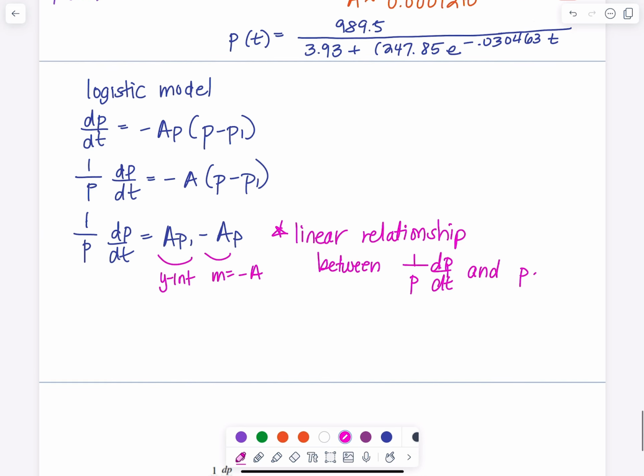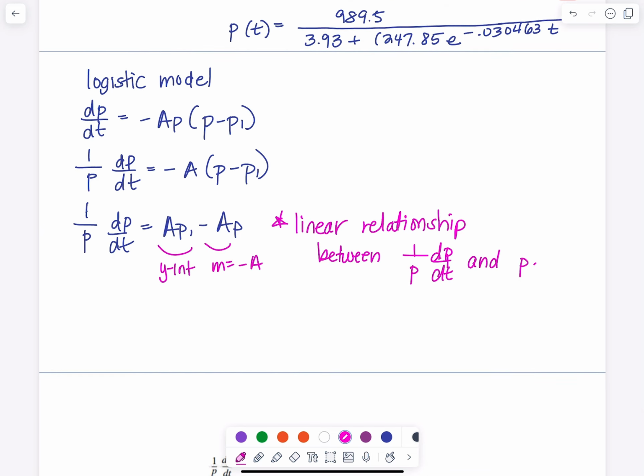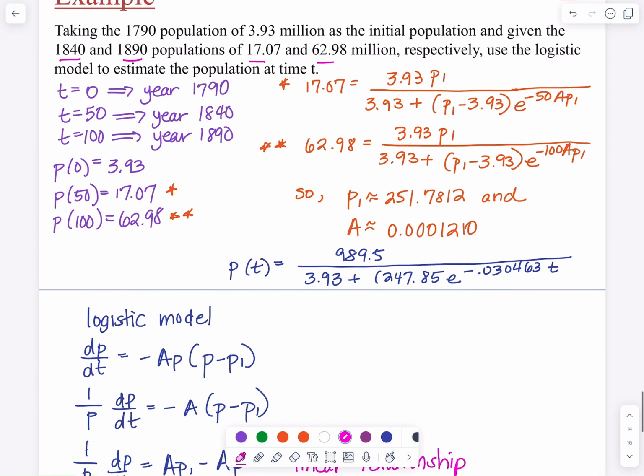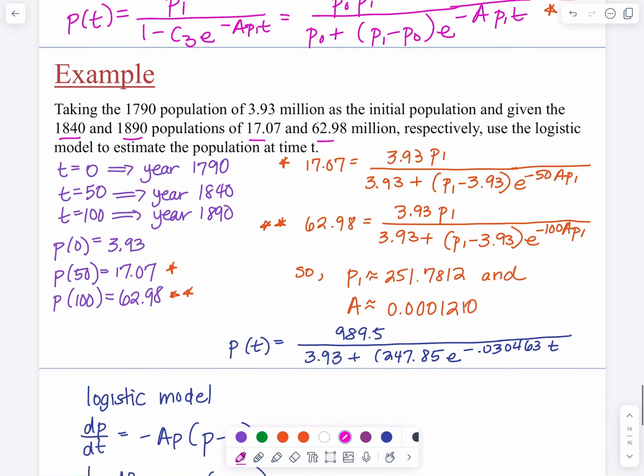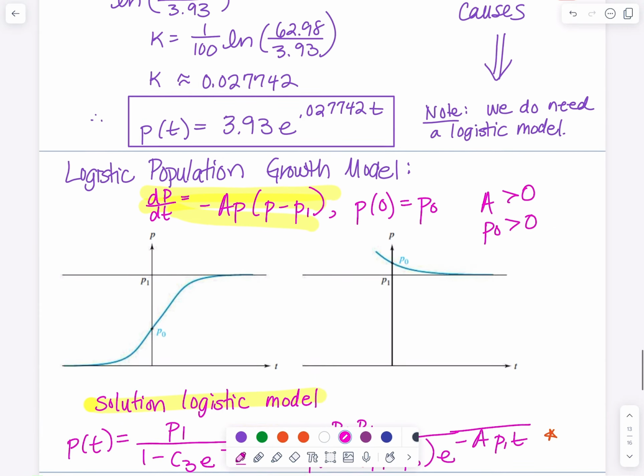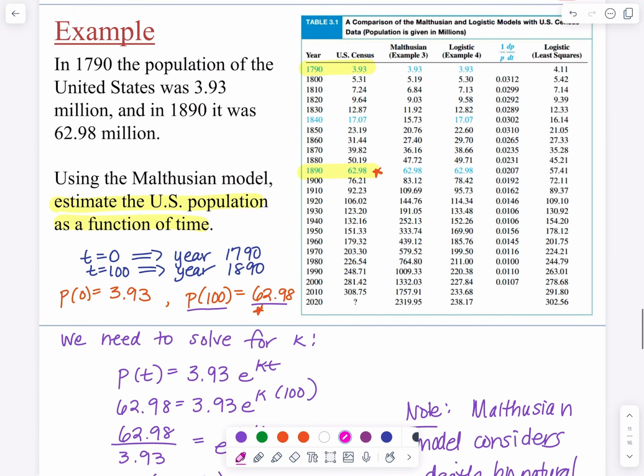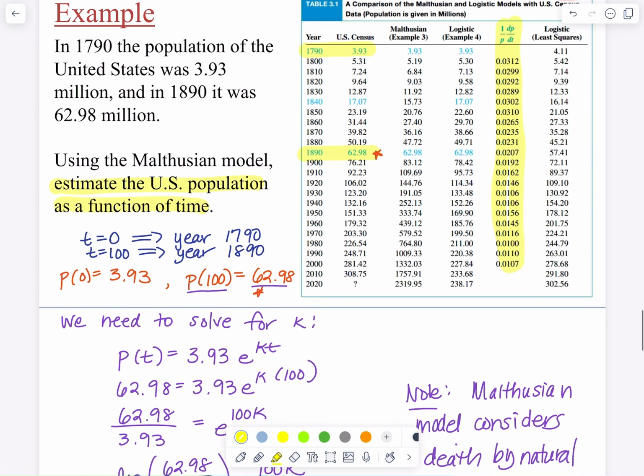Okay, so now if we go back and look at this table of values, you can see this column right here. And here, these are estimated from centered differences.